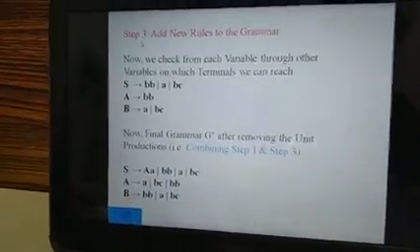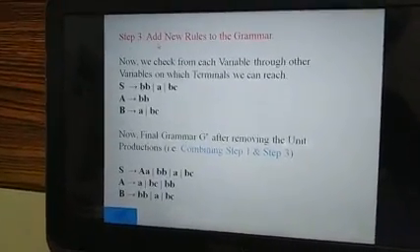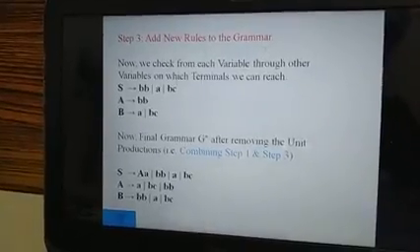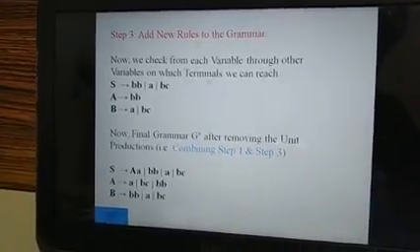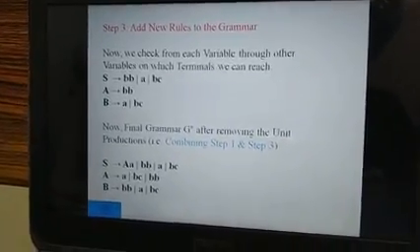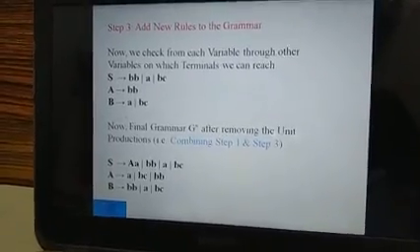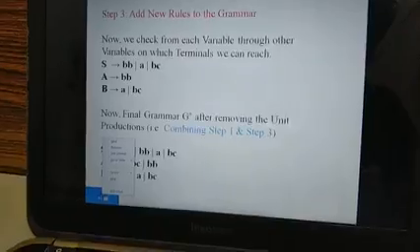Now, in the third step, we need to add new rules to the grammar. Now we check from each variable, through other variables, on which terminals we can reach. And now, from the previous slide, we did that.